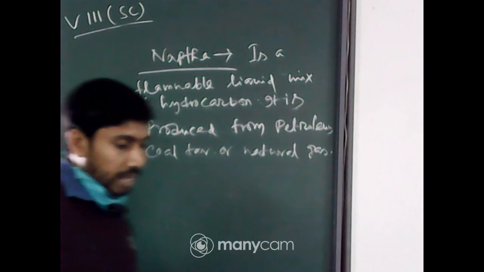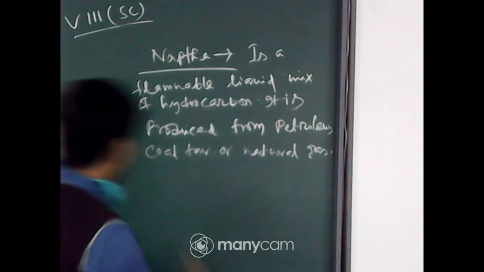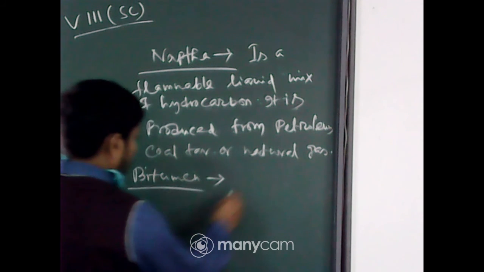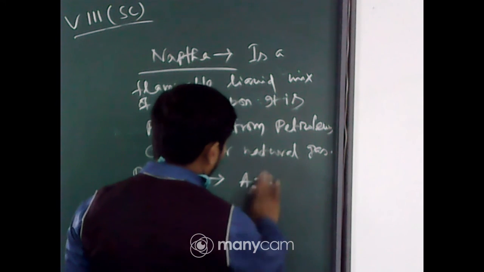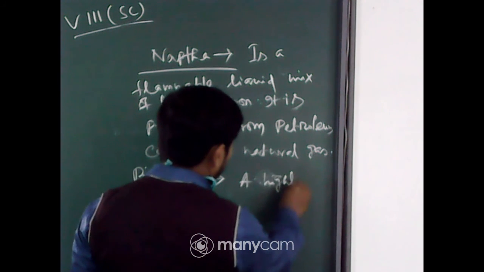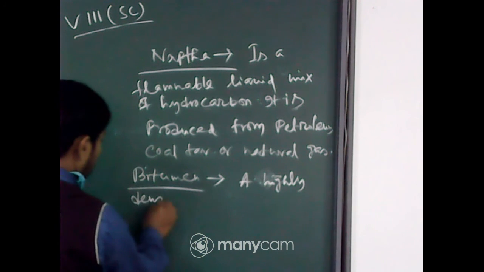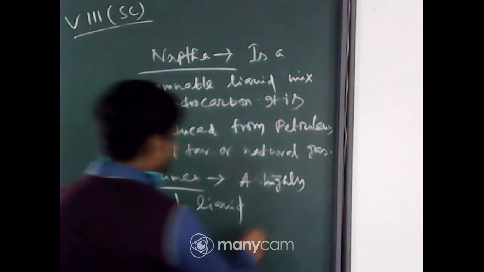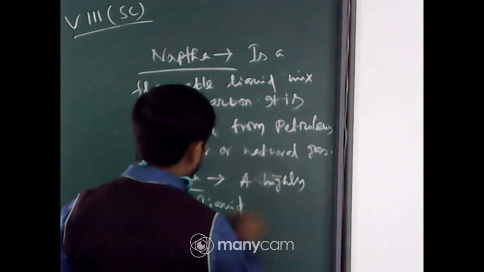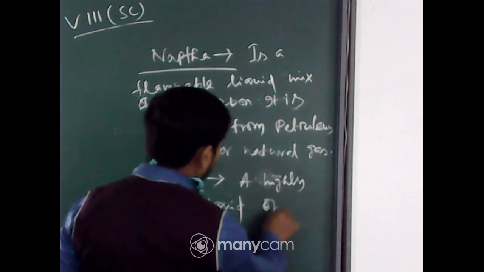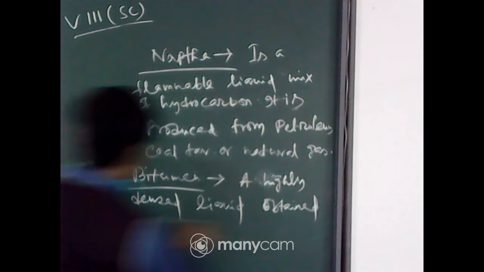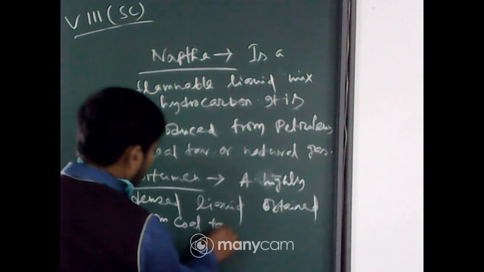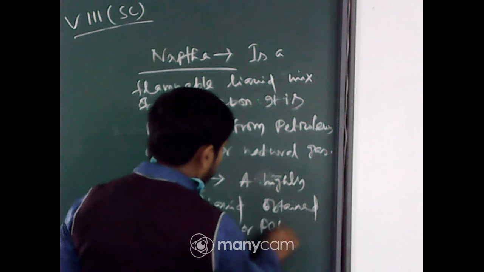Bitumen, write it. Bitumen is a thick or highly dense liquid obtained from coal tar or petroleum.